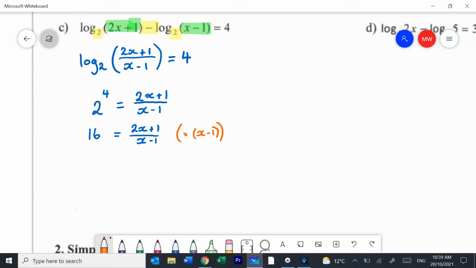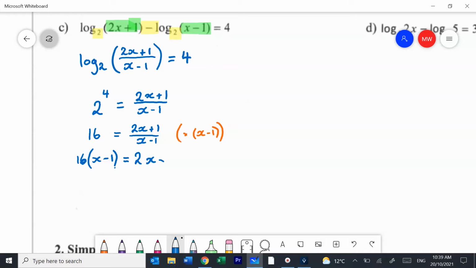Again, too much working out, you could jump a step here, but it will become 16 times x minus 1 equals 2x plus 1, that's not a minus, it's just the pen mucking around.